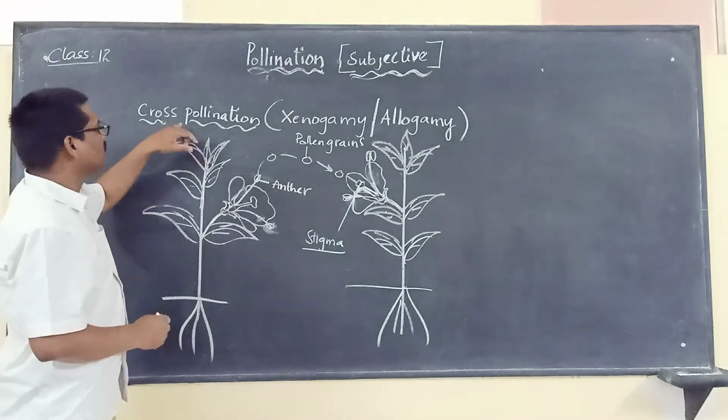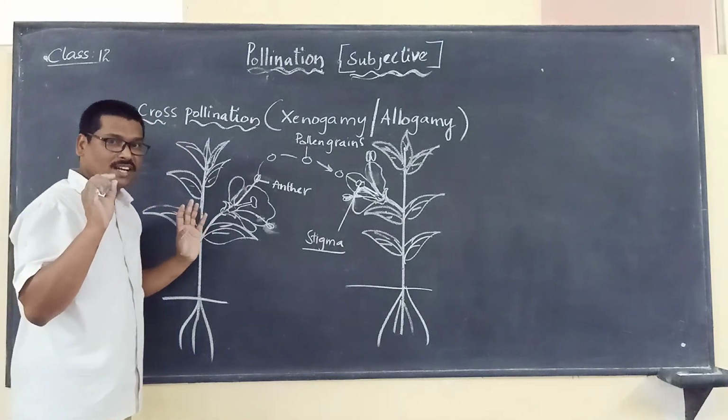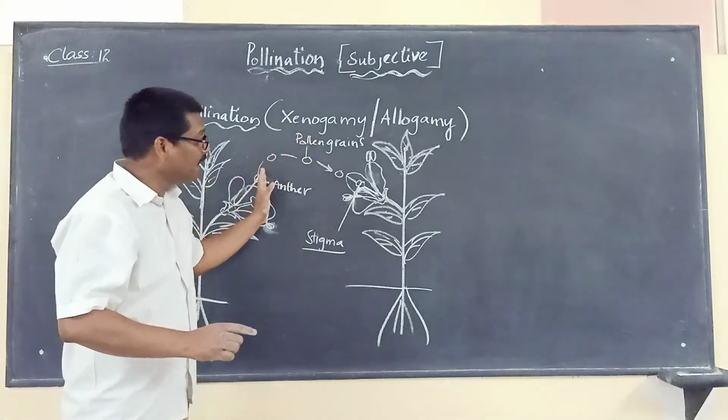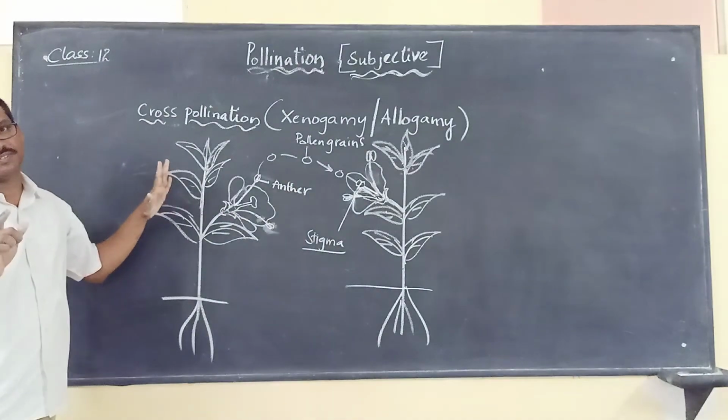So the point that you have to remember here is that genetically different pollen grains are carried onto the stigma in the process of cross-pollination.